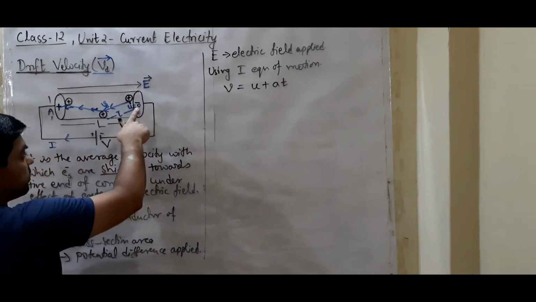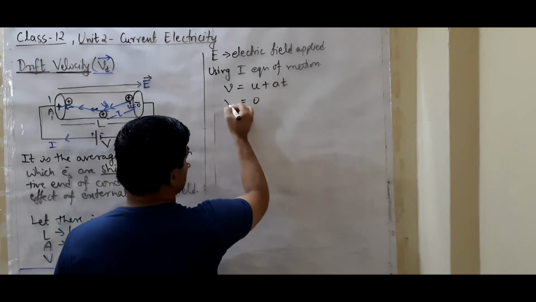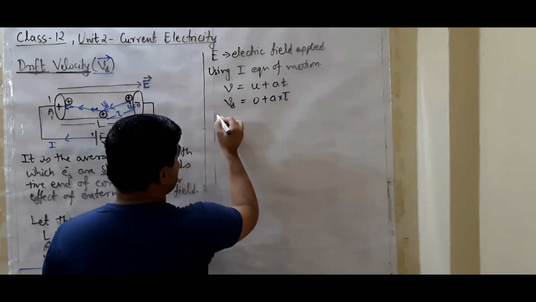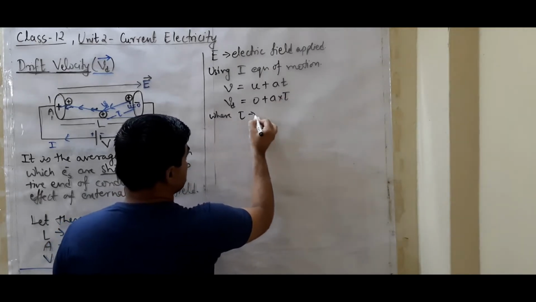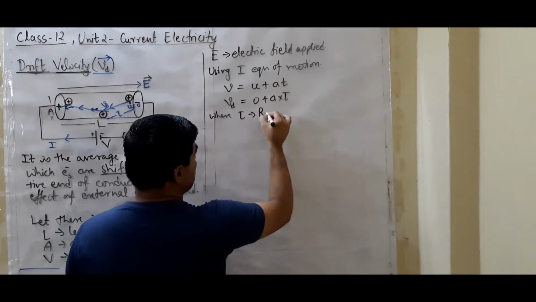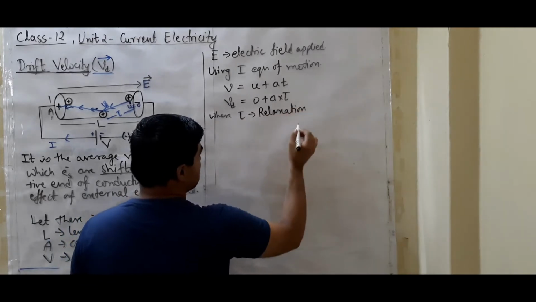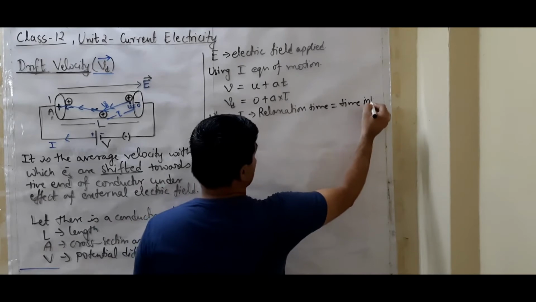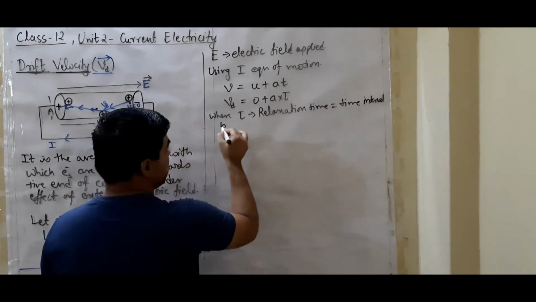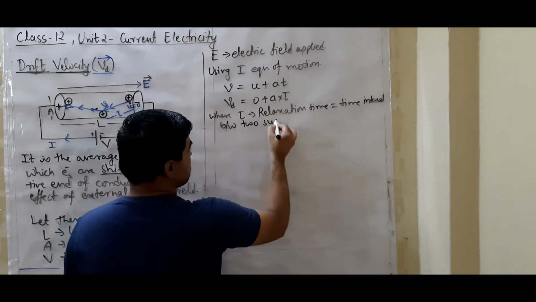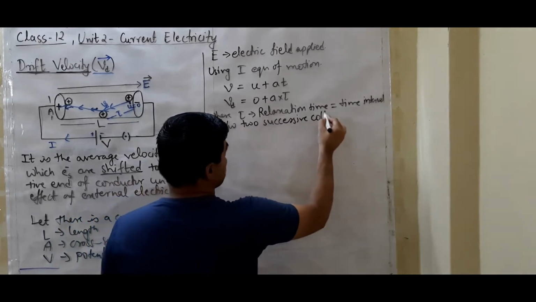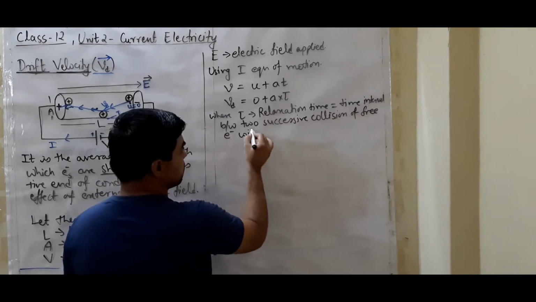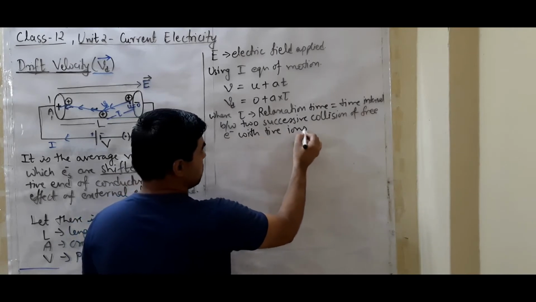V is the final velocity, U is the initial velocity, A is the acceleration, and T is the time taken for the motion. So if we put in the values, the initial speed is 0, the final speed we are assuming as Vd, acceleration A, and T is tau. Here tau is a special time which is called relaxation time. Relaxation time means the time interval between two successive collisions of a free electron with positive ions.